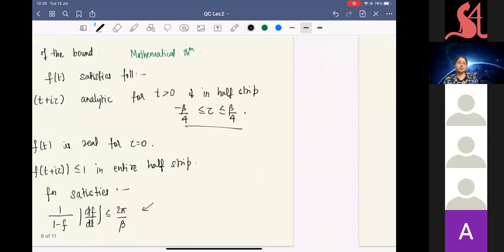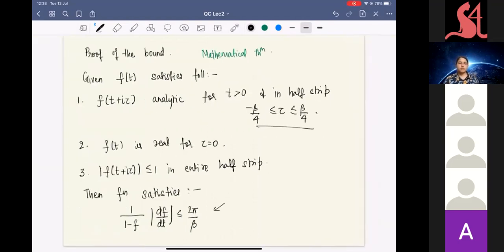Is there any chance to modify point number 3, in the sense that if there is some normalization issue, I can have f of t plus i tau less than or equal to x, and then say that it satisfies 1 by x minus f del f del t less than or equal to 2 pi by beta? Yeah, I think the final proof has some relaxation on point number 3, basically.